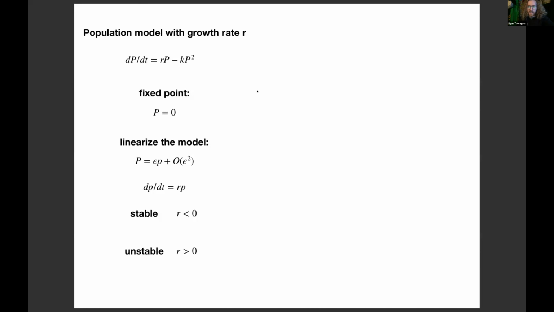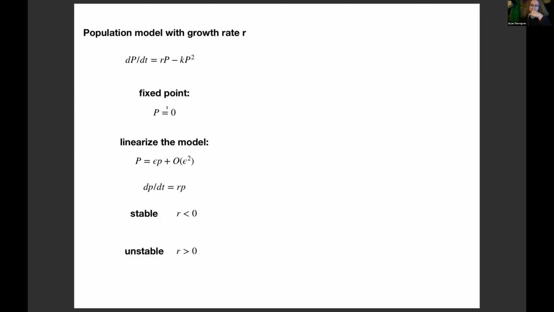So let's quickly analyze this system. There's a fixed point at P equals 0. That's easy to see. The right-hand side is just 0 when P is 0. And if we want to analyze the stability of the fixed point, there's a general technique, but intuitively, what you would do is think about initial conditions that start very close to 0.